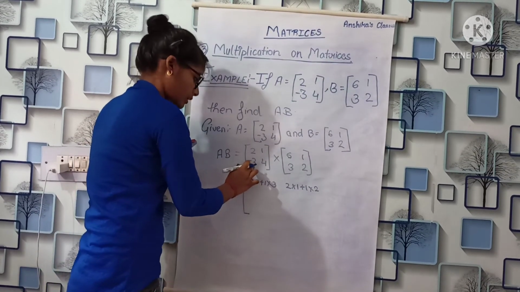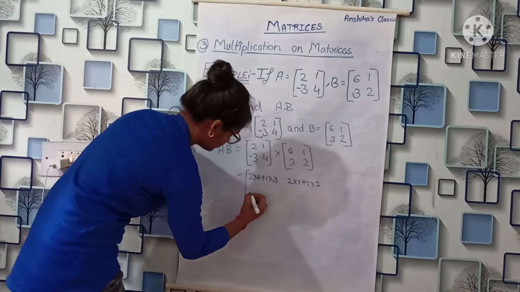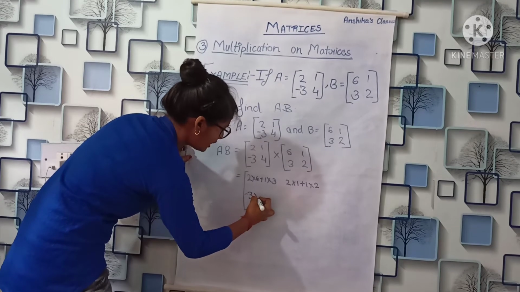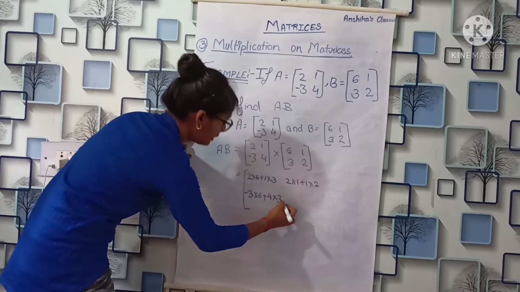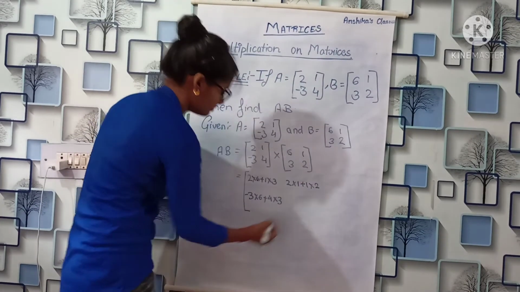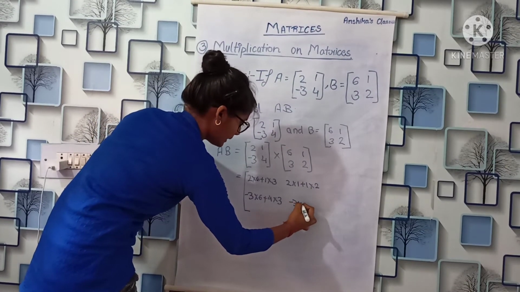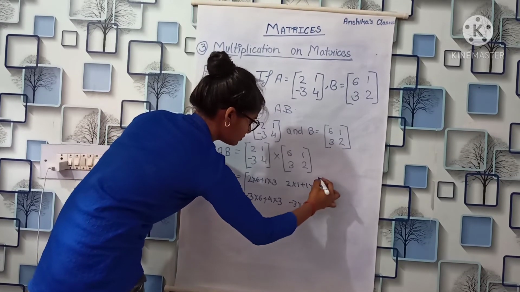Then second row multiplied by first column: minus 3 multiply 6 plus 4 multiply 3. Then second row multiplied by second column: minus 3 multiply 1 plus 4 multiply 2.